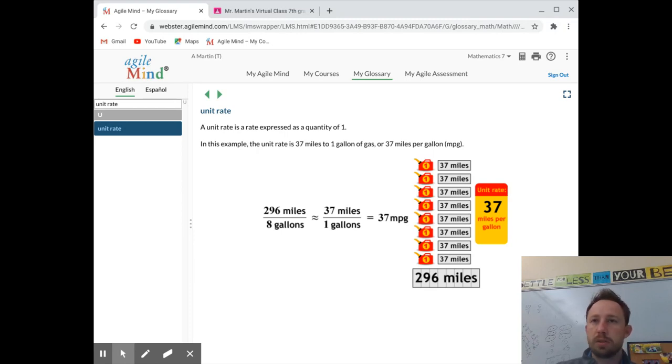What's another one? Miles per pint. Yeah, that would work. Miles per day. Correct. Any of those would work. As long as it's referring to 1 day or 1 gallon or 1 pint or 1 hour, one whatever.